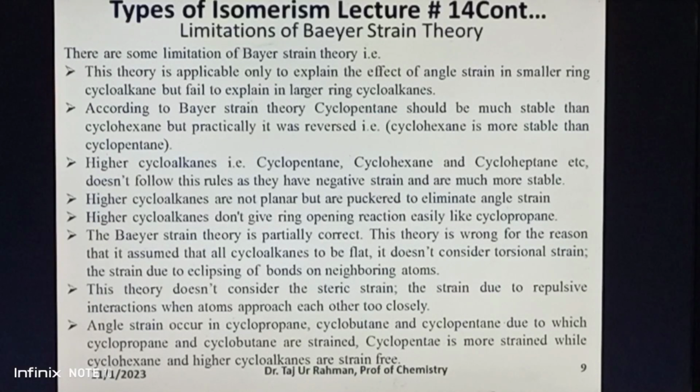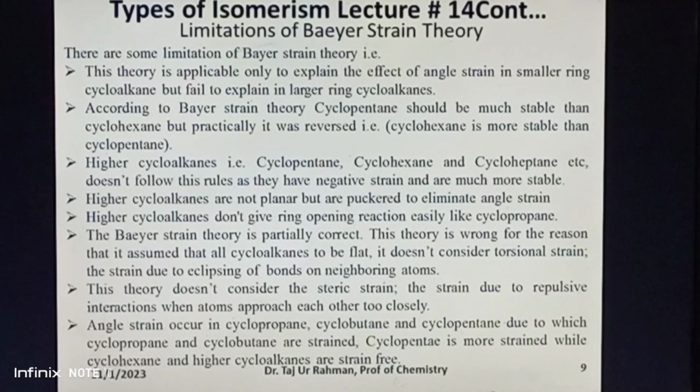This theory is wrong for the reason that it takes into consideration that all the cycloalkanes are planar in nature. It doesn't take into account torsional strain, the strain due to eclipsing of bonds on neighboring atoms. It doesn't take into account steric strain, the strain due to repulsive interaction when atoms approach each other too closely.